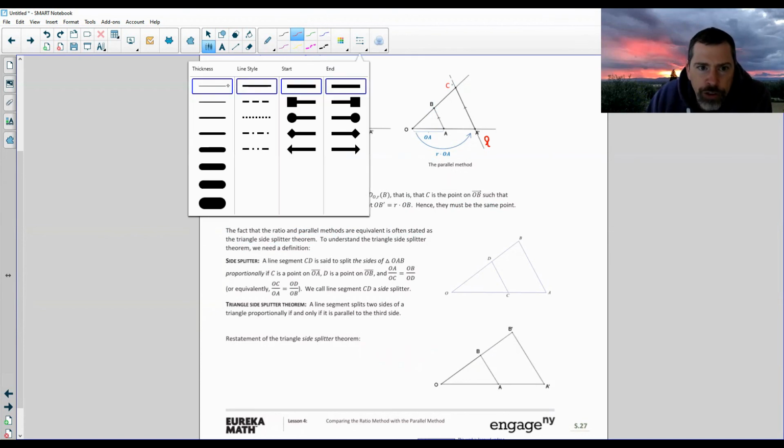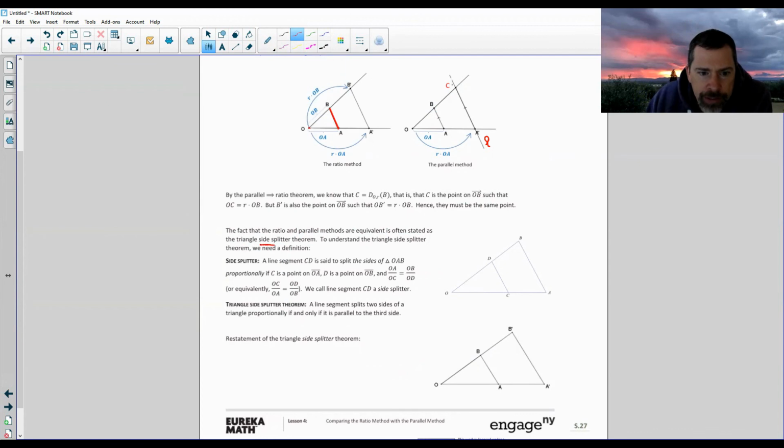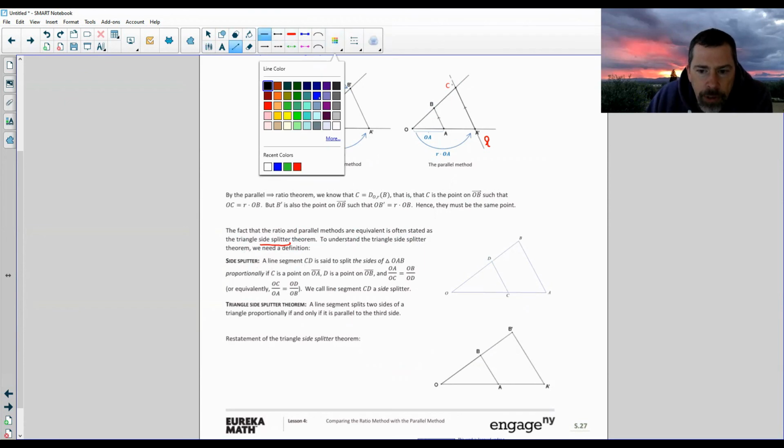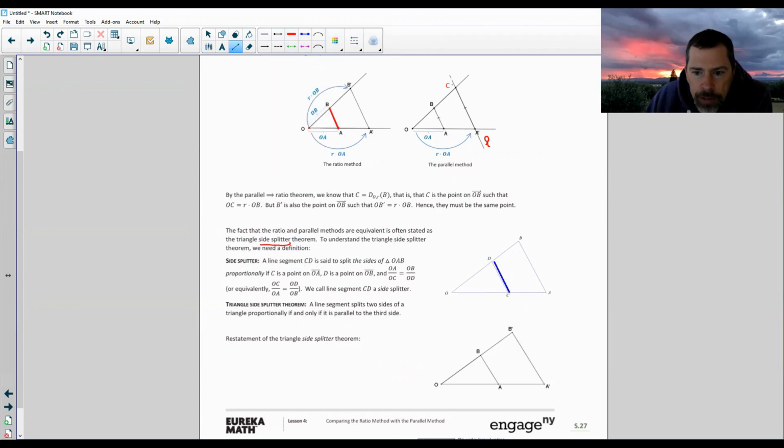Okay, kind of like a good joke. The side splitter. To understand the triangle side splitter theorem, we need a definition. Side splitter, a line segment CD, which is right there.